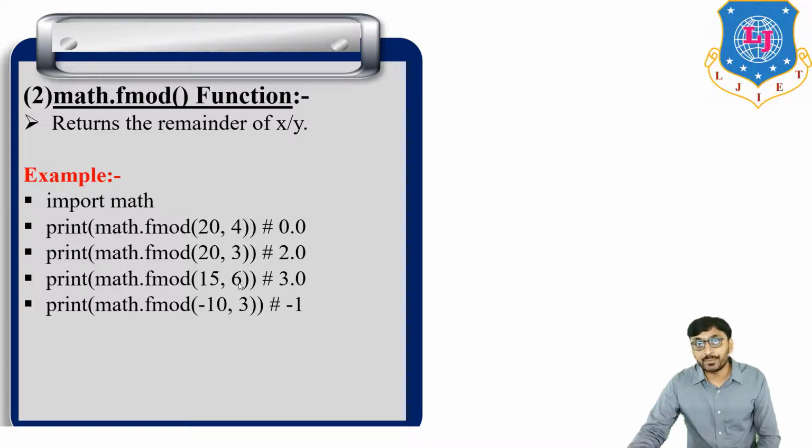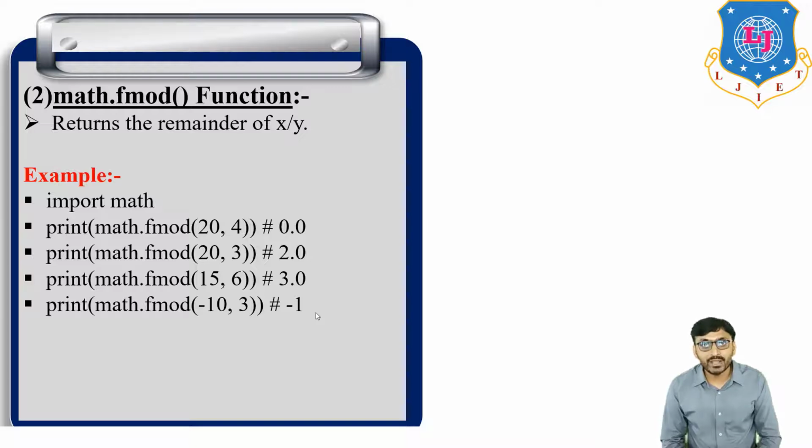If we divide 15 by 6, the remainder is 3, but the answer is the float value 3.0. And print math.fmod(-10, 3). Minus 10 is x, 3 is y. So minus 10 divided by 3, we get remainder minus 1. So this is about the fmod function.